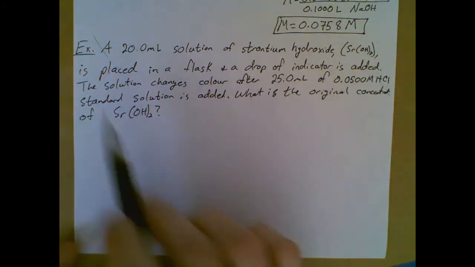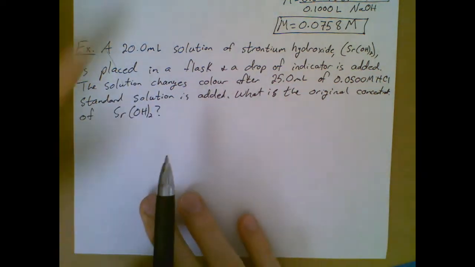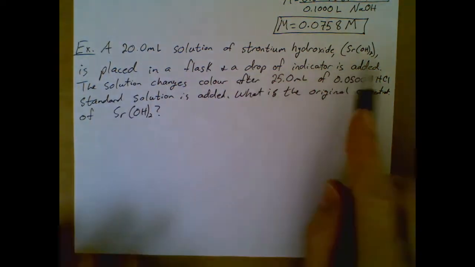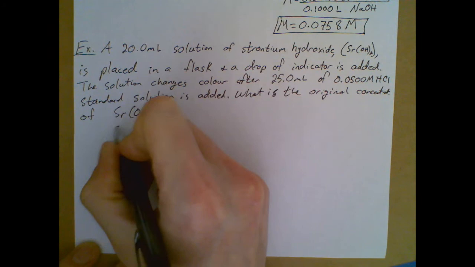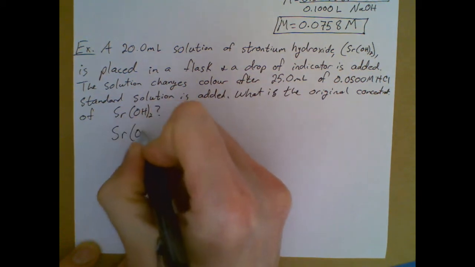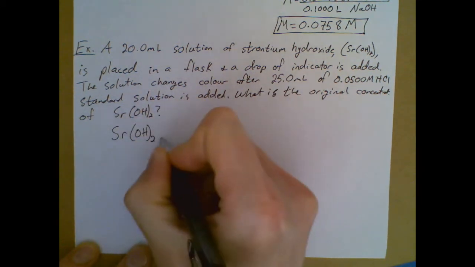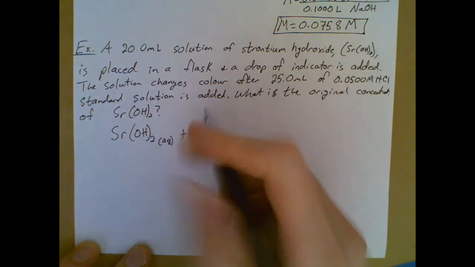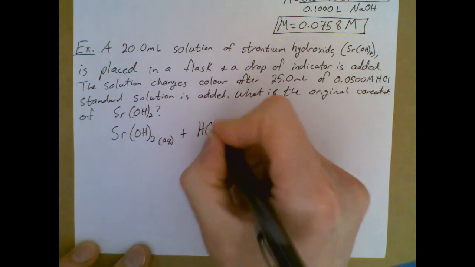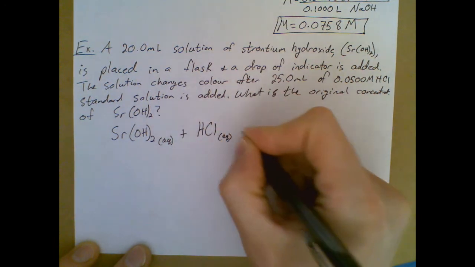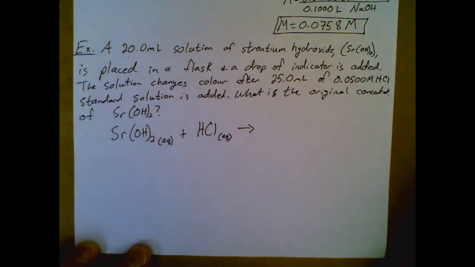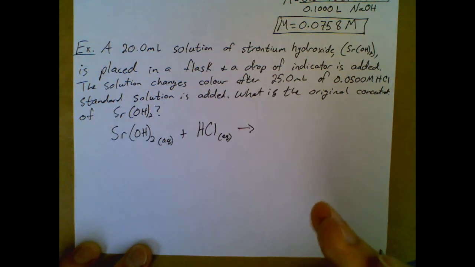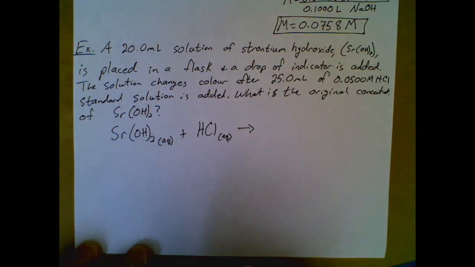So we have a 20.0 milliliter solution of strontium hydroxide. So let's write that out. Strontium hydroxide is going to be aqueous. It's going to react with HCl, also aqueous. That's going to turn into, now you need to solve this part on your own. This is not something you get from reading the question.